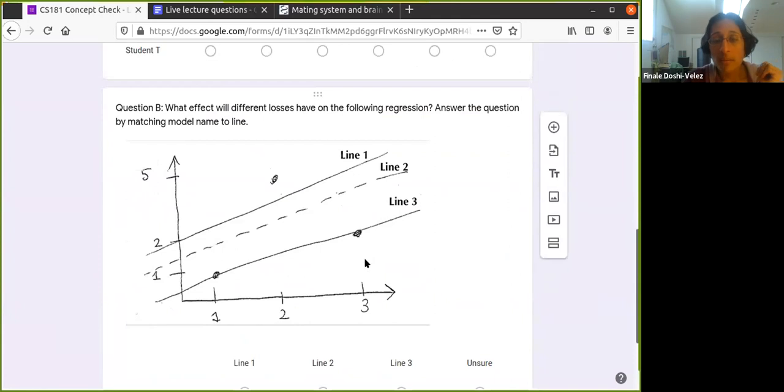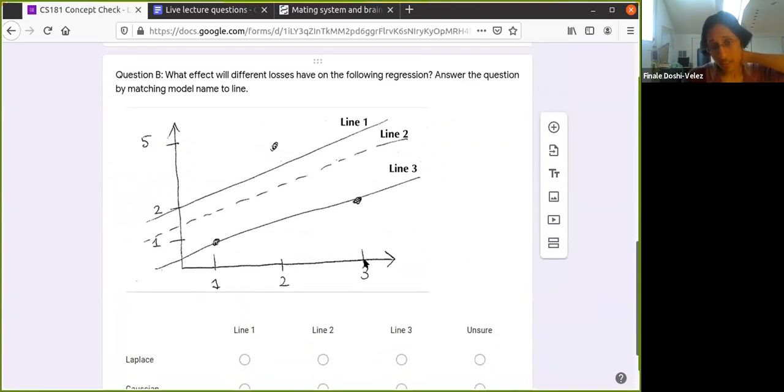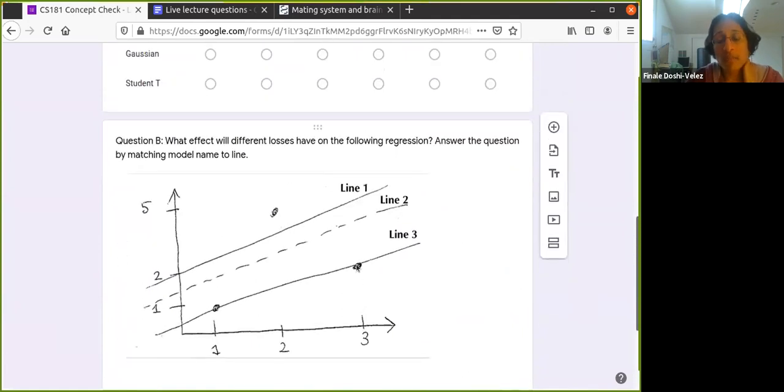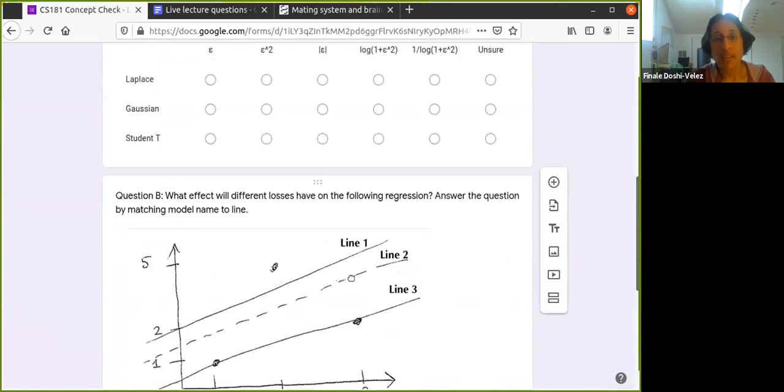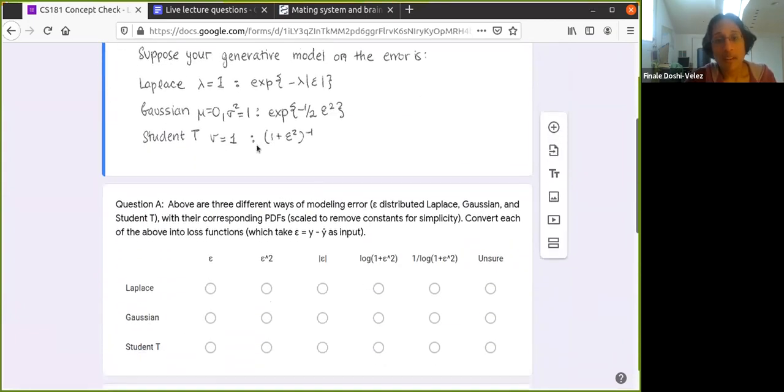And then when we look over here, this is the really interesting conceptual question. Let's think about who is the least happy with a big error. So going up here, if there's an error of like 10, for example, the Gaussian turns this into a 100, right? It's 10 squared.